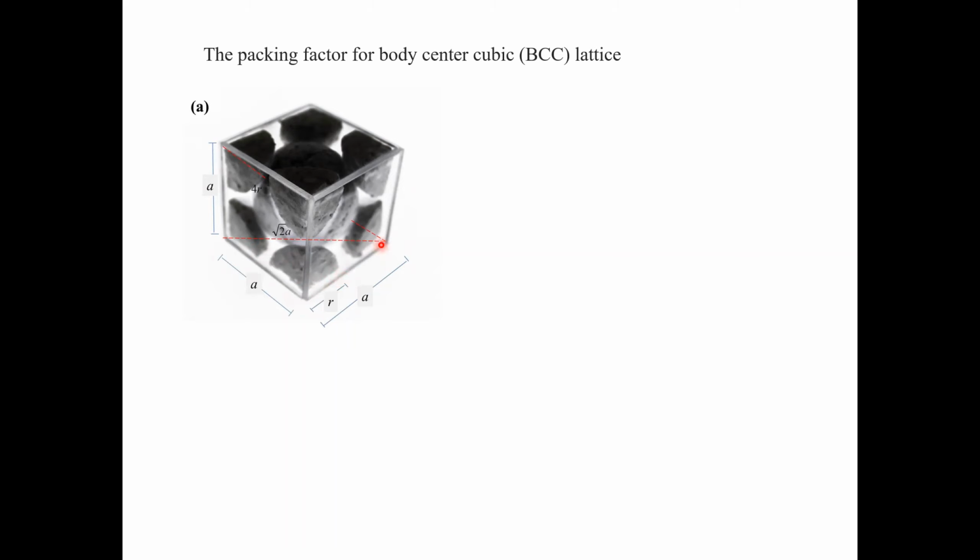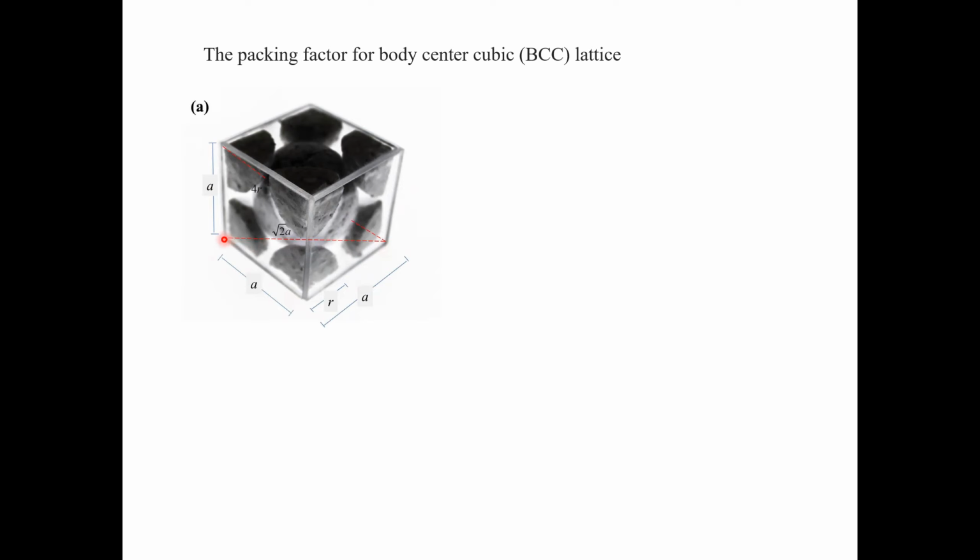And this is R. But for BCC, if you point a straight line from one corner to another corner in diagonal, right? In diagonal, so this distance is gonna be 4R, right?